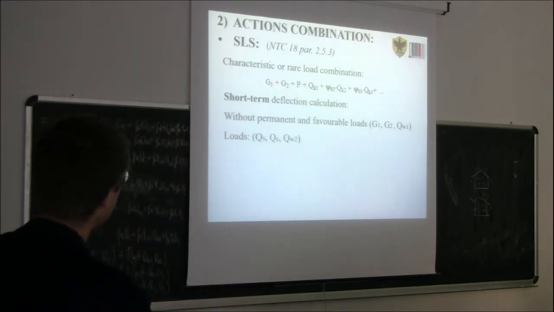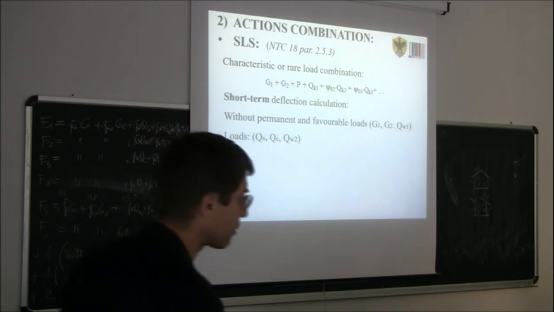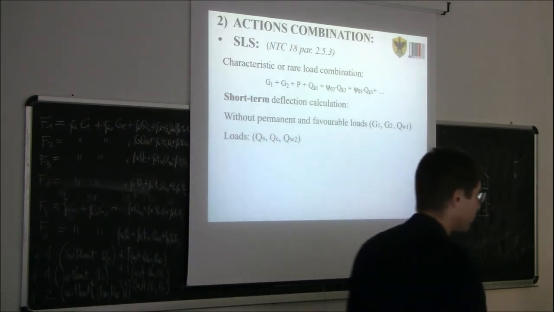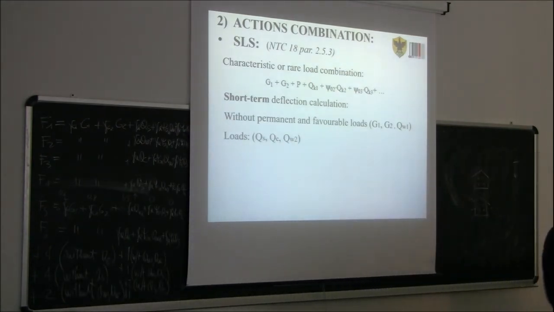So, when we calculate the short-term deflection due to the variable part of the characteristic load combination, we need to remove the permanent loads and we need to remove the favorable variable load, so QW1, which is a basic assumption.